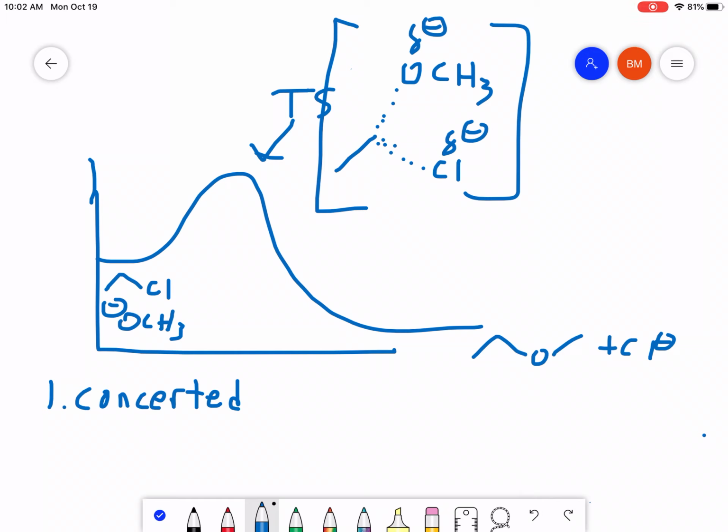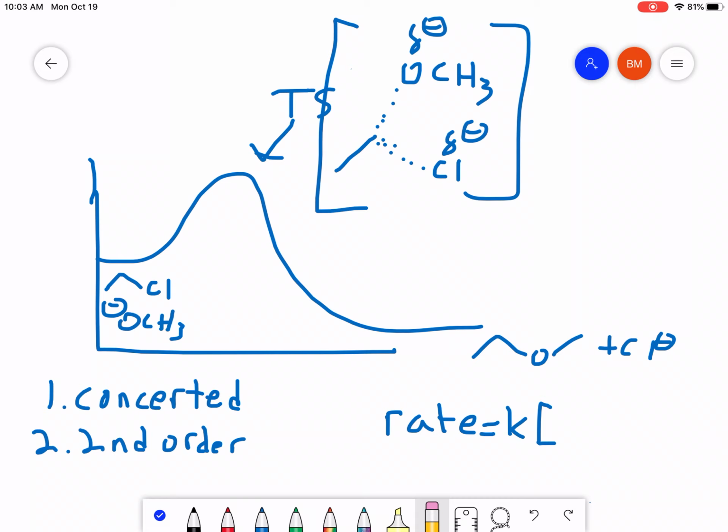We know it's concerted. Let's take a look at the kinetics. We've already said that SN2 reactions follow second order kinetics. It's illustrated in the name, SN2. Here's why. Remember, whenever you write a rate equation, you always say rate equals k, and then you have to include the concentration of any reagent that was involved in the rate determining step.